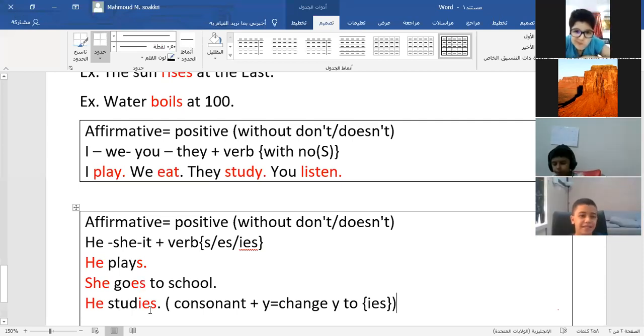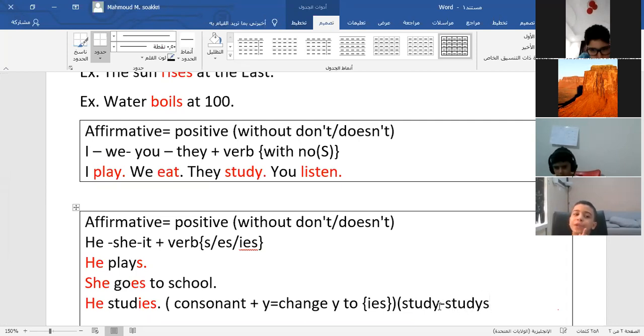As you see here, the verb study ends with a consonant. The D letter is a consonant letter. And the subject is he. In that case, we can't say studys like this. We can't add s. So what should we do? We should change y into ies. All right? So this one is wrong.